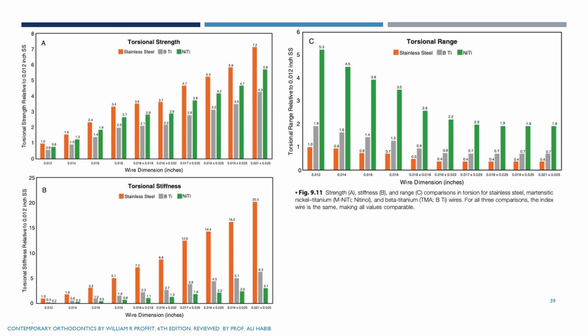Let's open the laser pointer first. If you compare the 21 by 25 mil wires, stainless steel is the red one, then beta titanium, and the green one is the M-Niti.